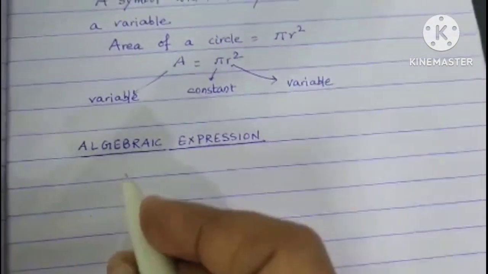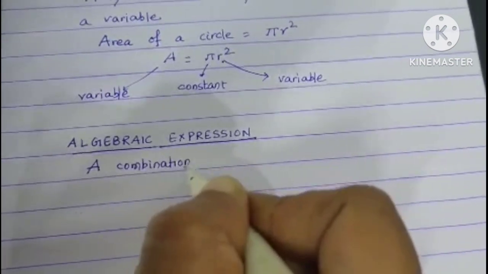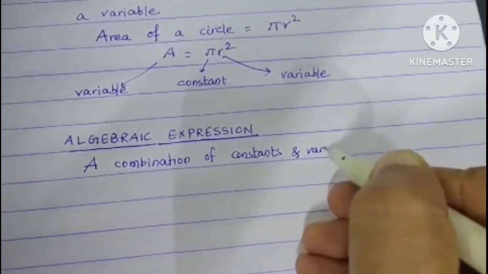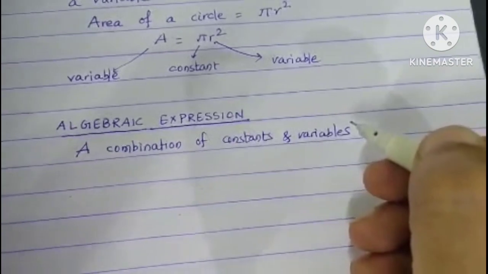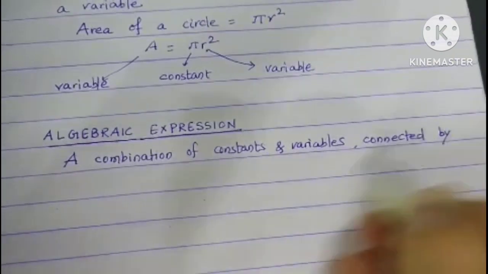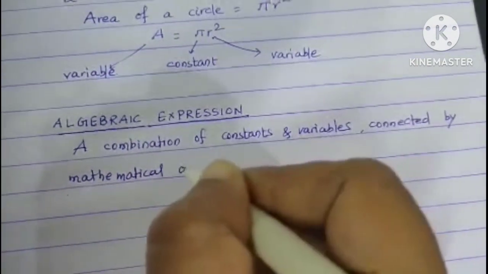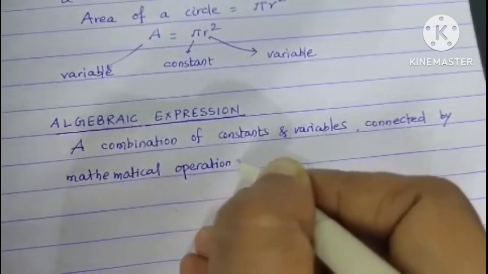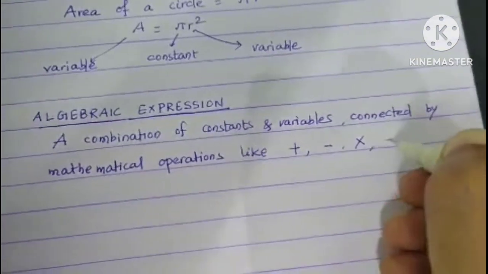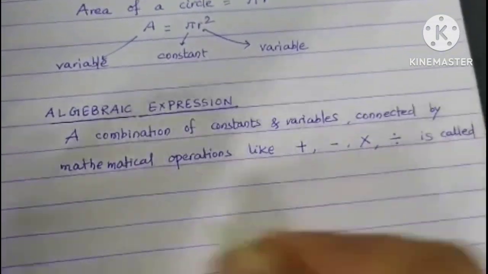So the definition will be like this: a combination of constants and variables connected by mathematical operations like plus, minus, multiplication, division is called an algebraic expression.